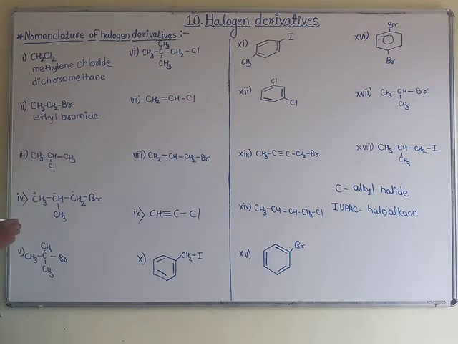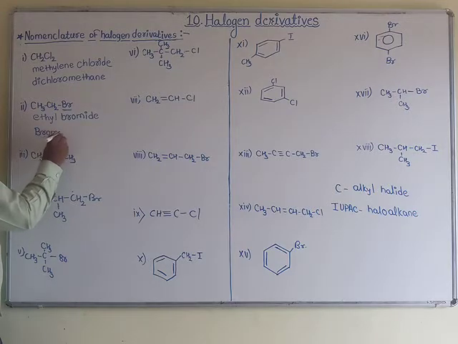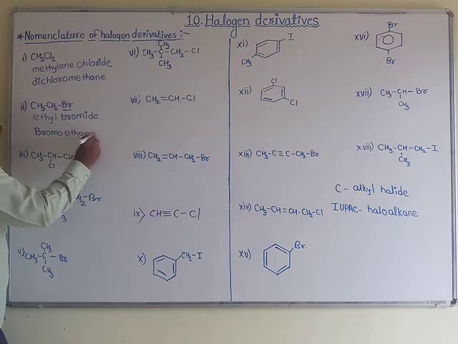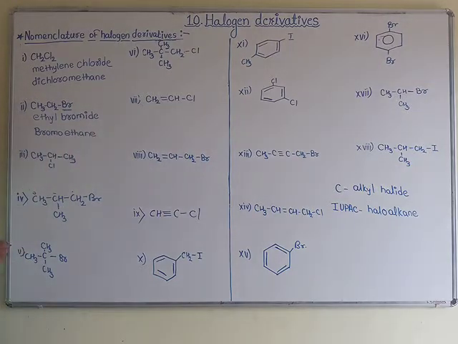What will be its IUPAC name? To write its IUPAC name, first write the halogen atom. Here the halogen atom is bromine. Therefore, its IUPAC name is bromoethane.